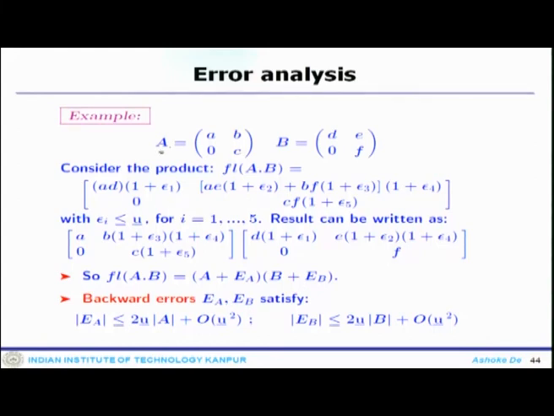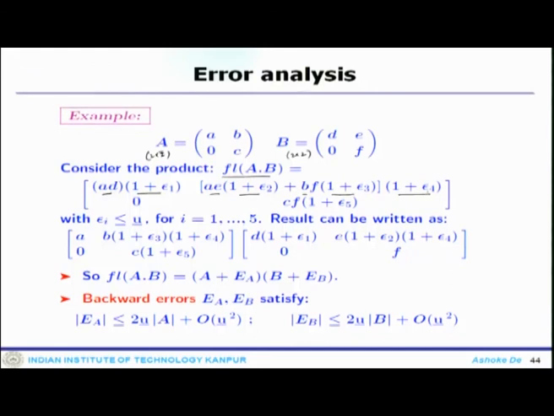Let us consider the matrix A, a 2 by 2 matrix: a, b, 0, c. B is another 2 by 2 matrix: d, e, 0, f. So, similar elements like the second row first element have 0 values. Consider the floating point product of A dot B. First term you get ad(1 plus epsilon 1), second term ae(1 plus epsilon 2) plus bf(1 plus epsilon 3), and the whole thing multiplied with 1 plus epsilon 4.